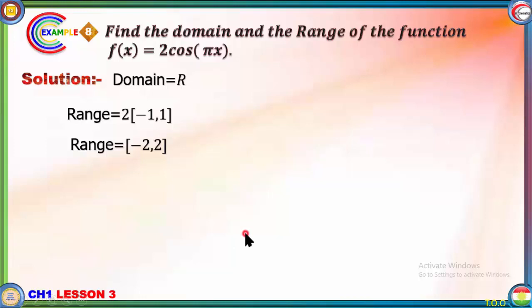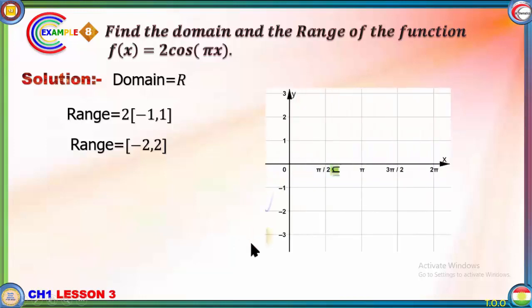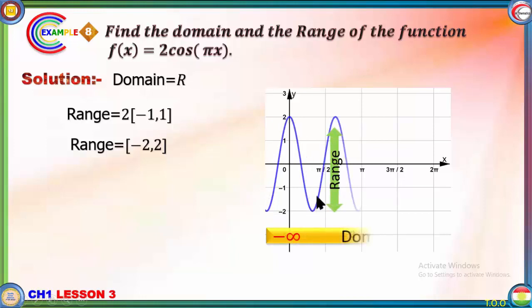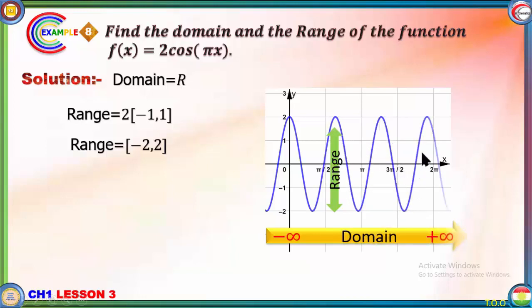If we draw the graph of this function, you can see that it starts from -2 going up to 2, then coming down to -2, going up to 2, coming down to -2, continuing in this way. That means the domain is all real numbers and the range is from -2 to 2.